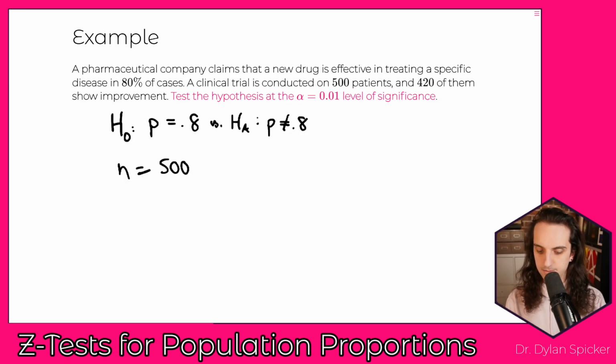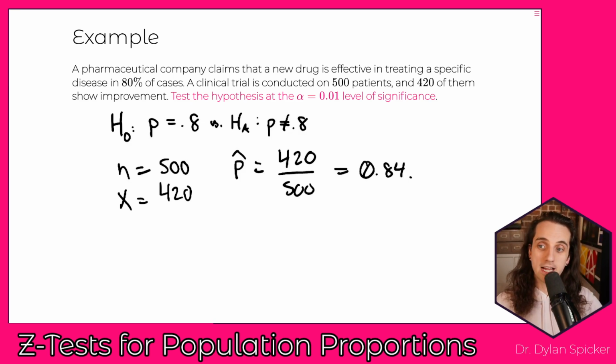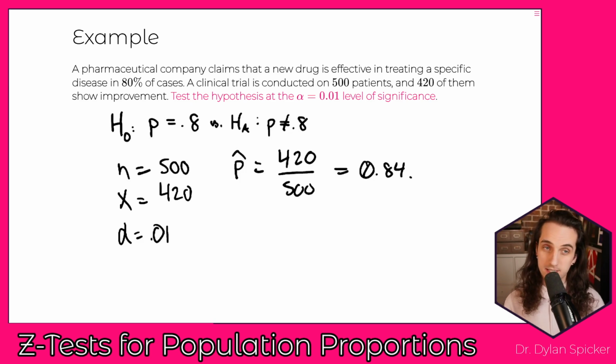We have x being equal to 420. And so then p hat in our case is going to be 420 over 500, which is 0.84. So we observe 84% in our sample actually show improvement. We want to test this at the alpha equals 0.01 level of significance.